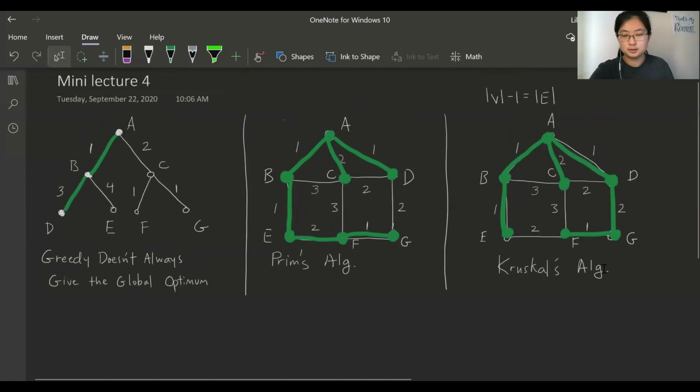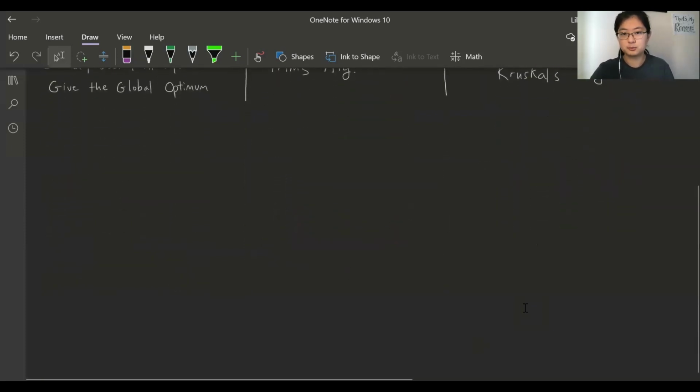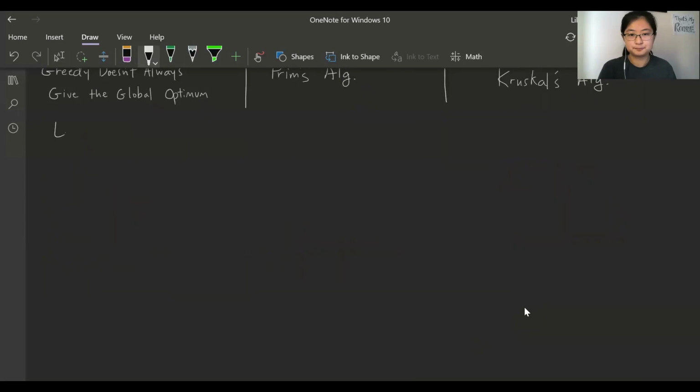All right, so we've seen both algorithms now. The next step is to prove their correctness. We'll do this in 2 steps. We'll start with a lemma, called the min-cut property.